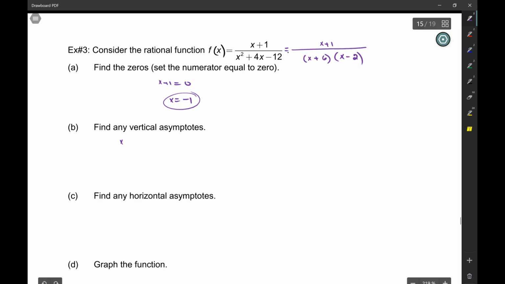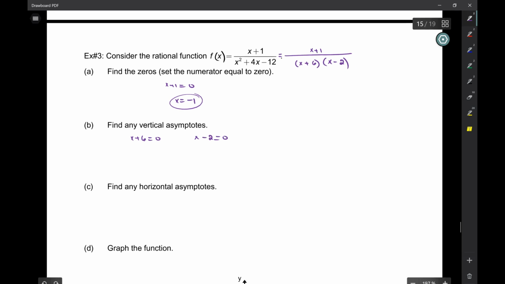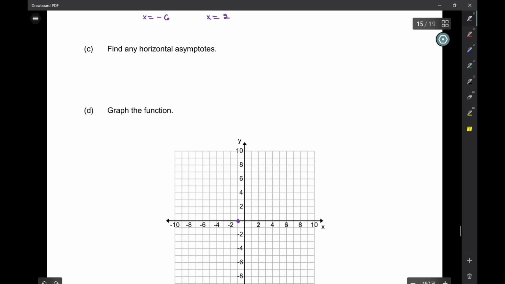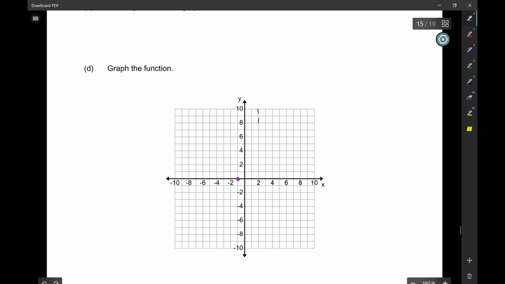So x plus 6 equal to 0, x minus 2 equal to 0. X is -6, x is 2. Let's go ahead and put those in now. X is 2, x is -6.